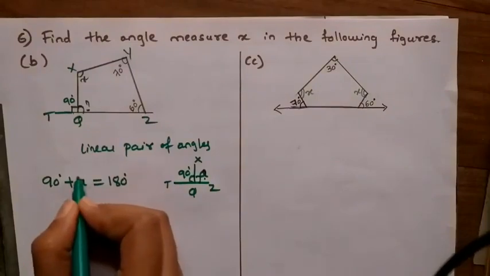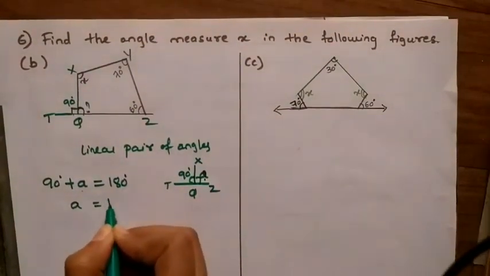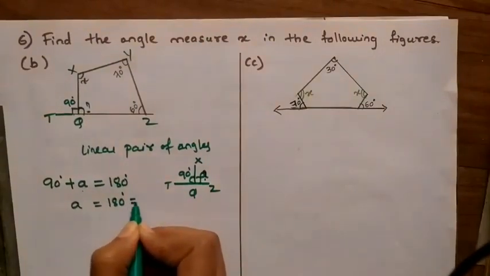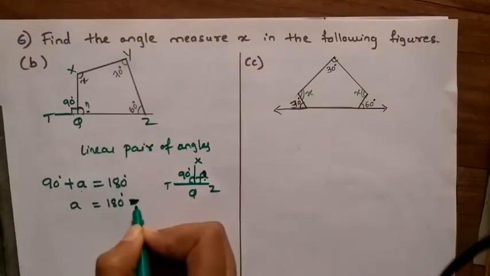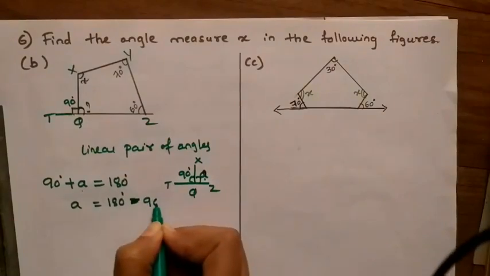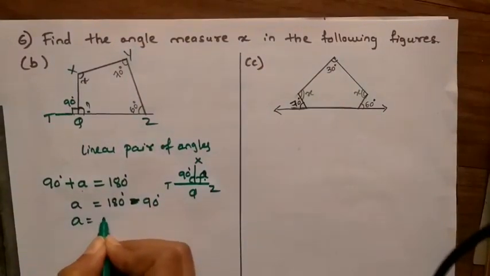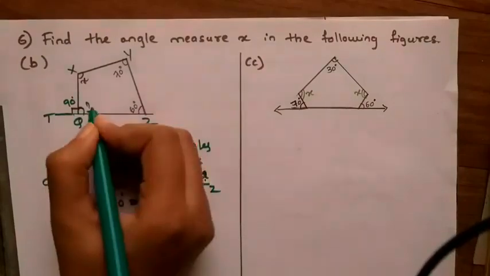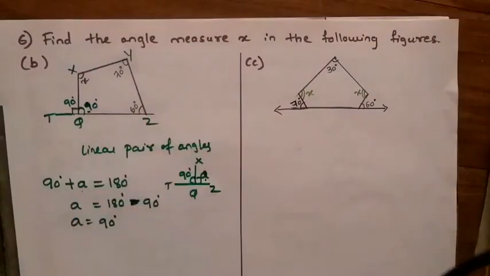So a is the unknown variable, keep as it is, which is equal to 180 degrees minus 90 degrees. When it goes to the right hand side, plus becomes minus 90 degrees. 180 minus 90 is again 90 degrees. So this part is how much here? 90 degrees.